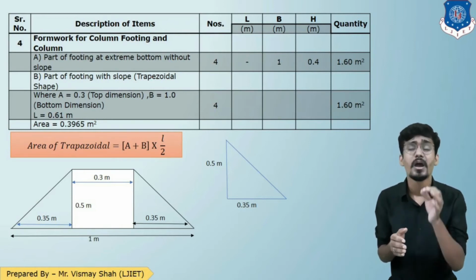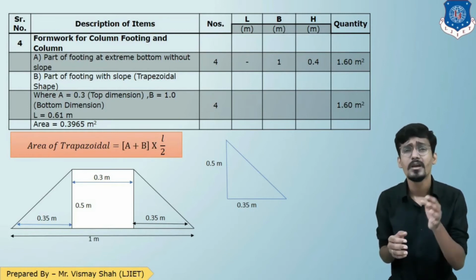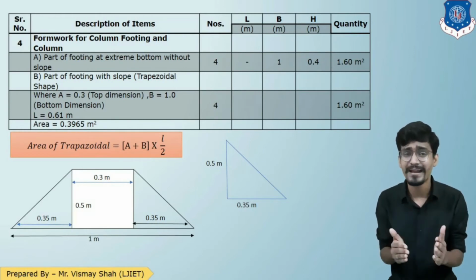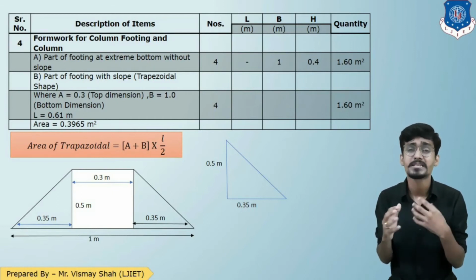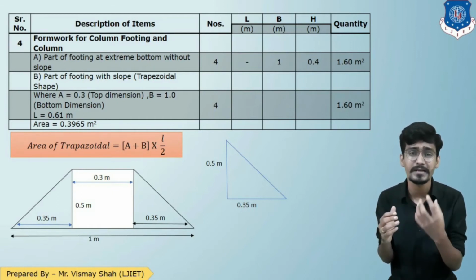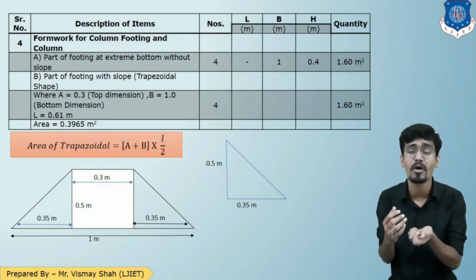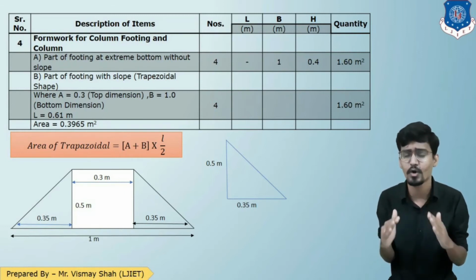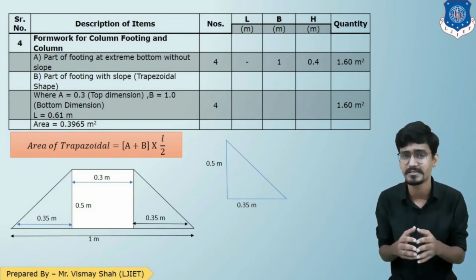Now students, you might have a question here that in general practice, there is no formwork provided at such trapezoidal shape footing or the slope footing. In such practical cases at site, the hard concrete or the stiff concrete is being placed and gets into the shape of the slope with the help of different floats or different finishing tools.